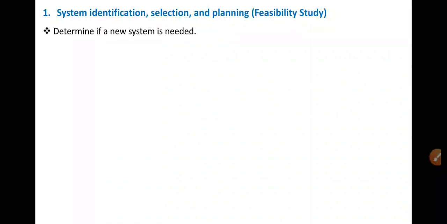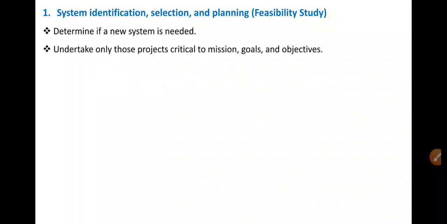This step includes determination of what system is required, whether a new system is needed or not, whether we will go for an existing system, or updating of an existing system, or developing a new information system.